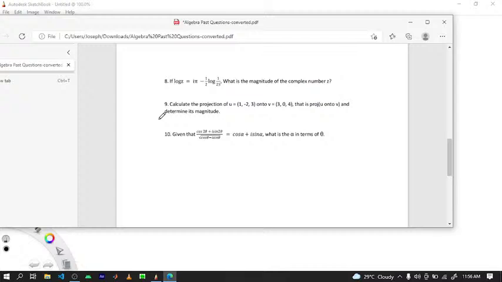And the scalar projection is mostly represented by comp base A of B, and then you see A dot B all over the magnitude of A, right?